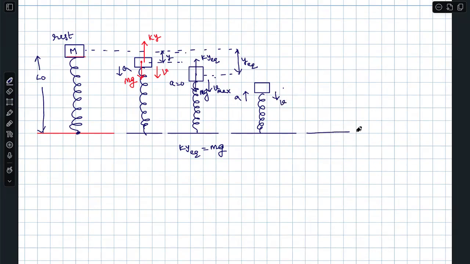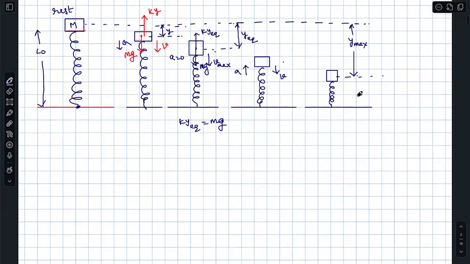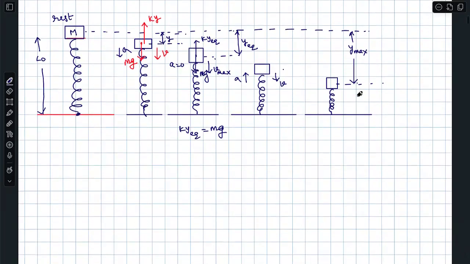And thereafter, sometime later, Y max. Please try to understand here.